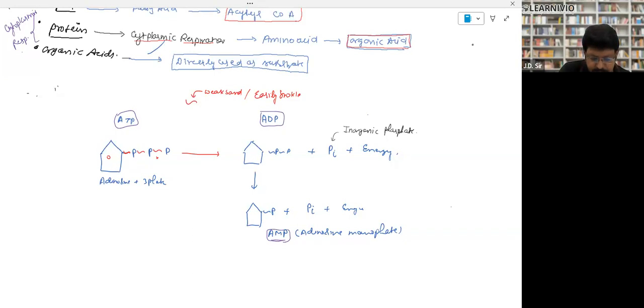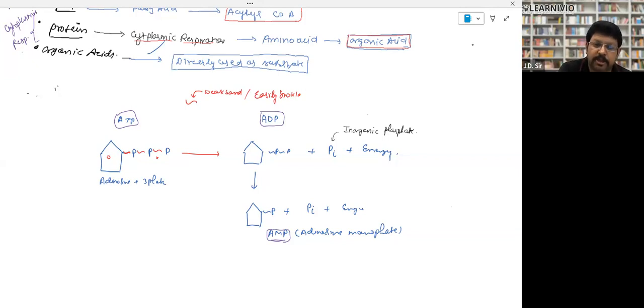Respiratory substrates are those organic substances which are oxidized during respiration to liberate energy inside living cells. Full stop.